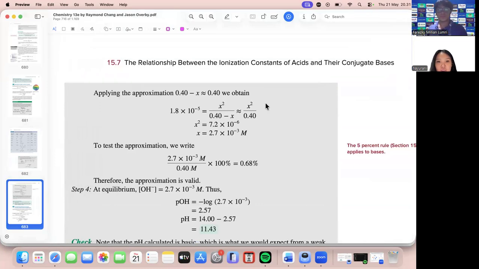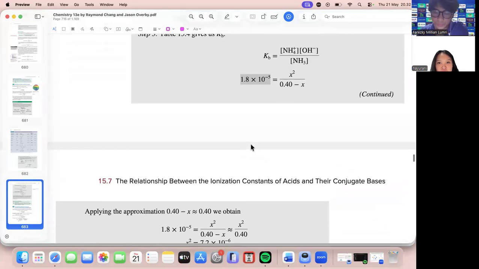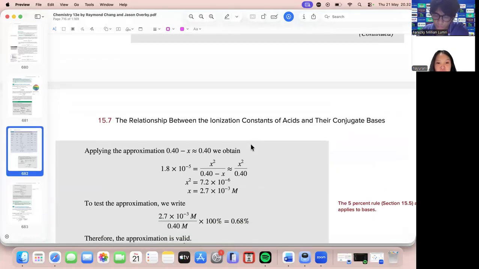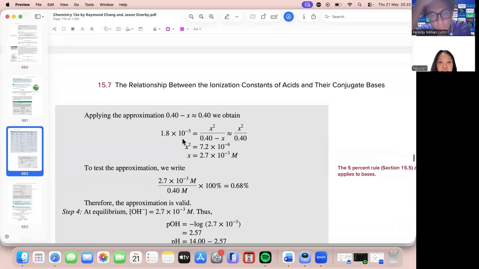So I'm going to continue the steps. After we found the Kb, we can apply the approximation of 0.4 minus x. So we obtain 1.8 times 10 to the power of -5 equals x squared over 0.4 minus x.